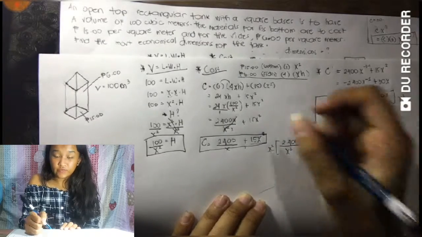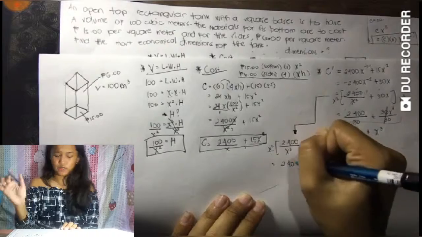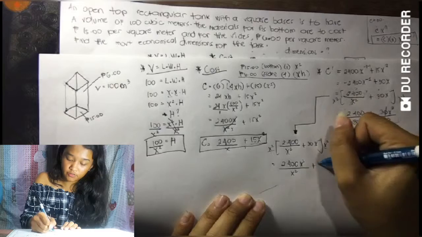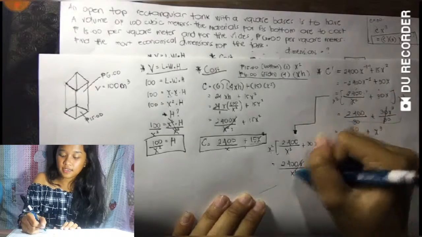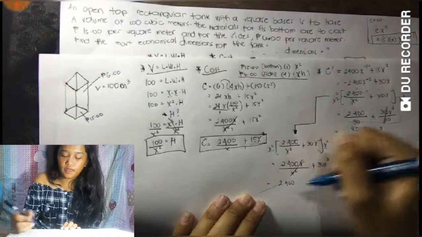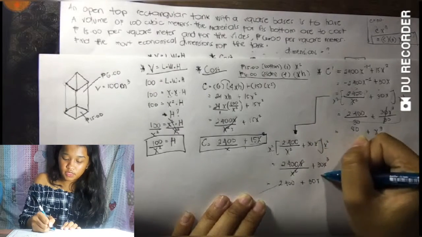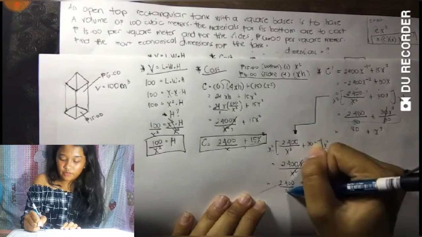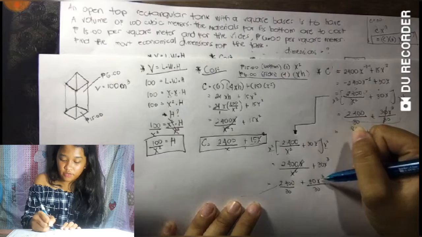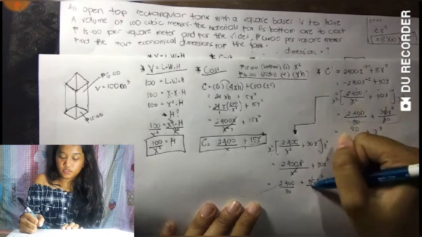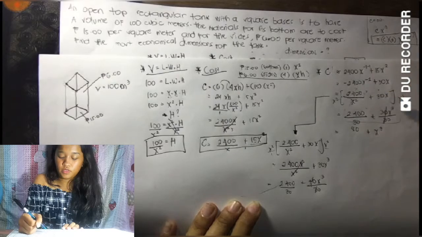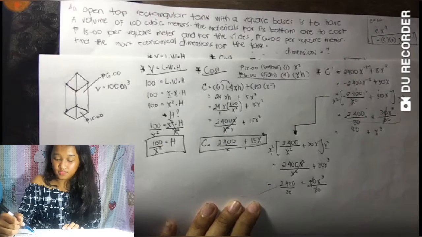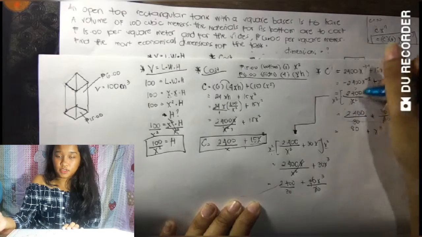To multiply a fraction, numerator is numerator, denominator is denominator. It will become 2400 x squared all over x squared plus 30x times x squared will be 30x cubed. Cancel. It will become 2400 plus 30x cubed divided by 30, divided by 30. That will just have x cubed here as the remaining variable. And this is it. 80 plus x cubed.